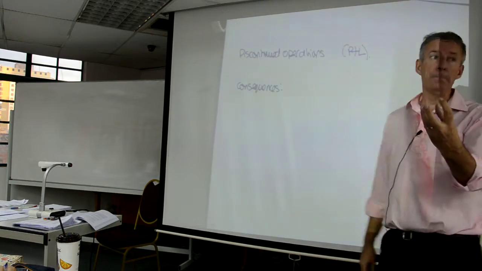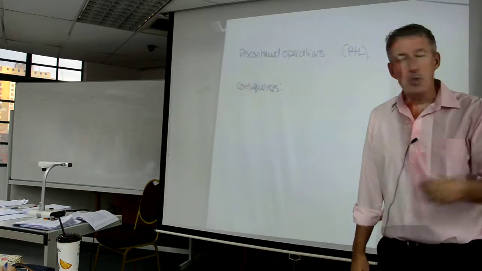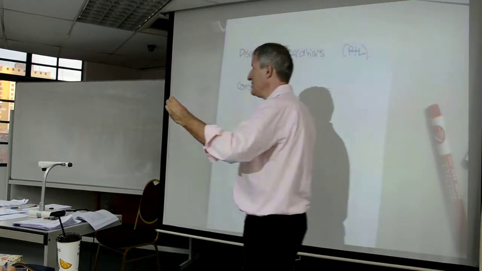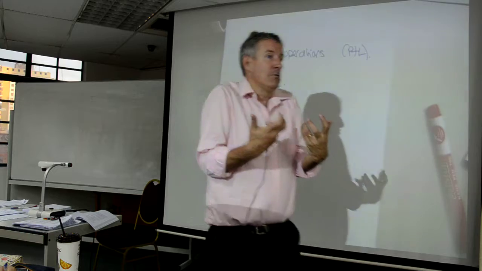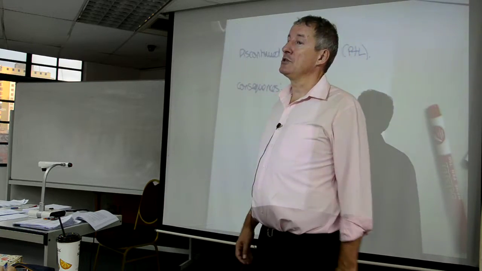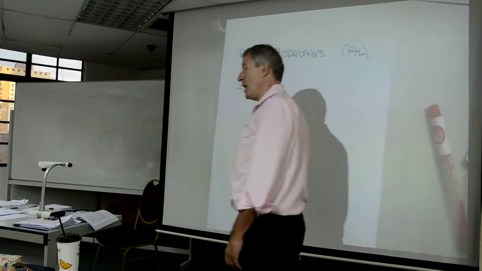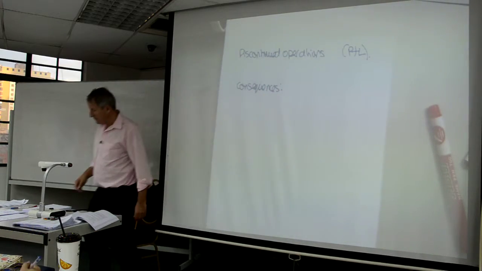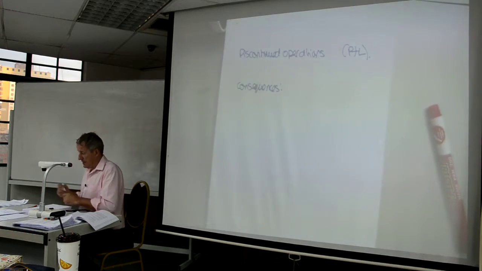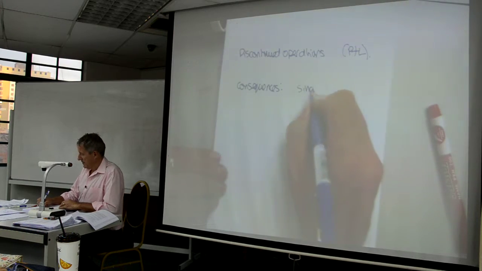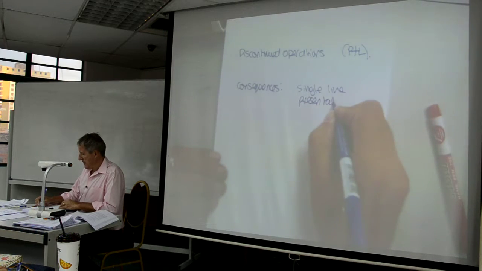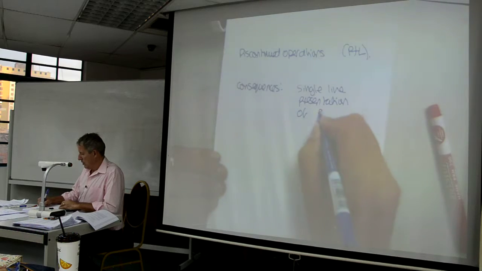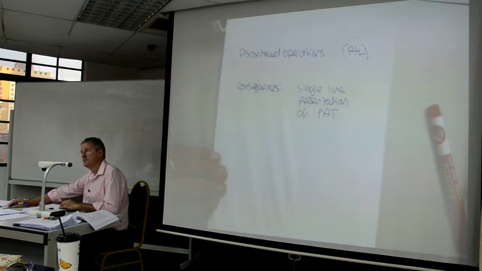We have to include them because otherwise we're not complete. We have to tell the shareholders what happened to the business that we've stopped doing, but we do so in a presentation which enables them to find the information useful. So the consequences are single line presentation of profit after tax.